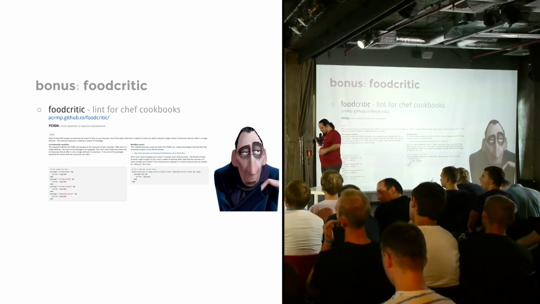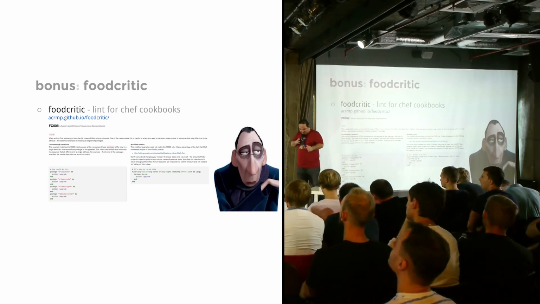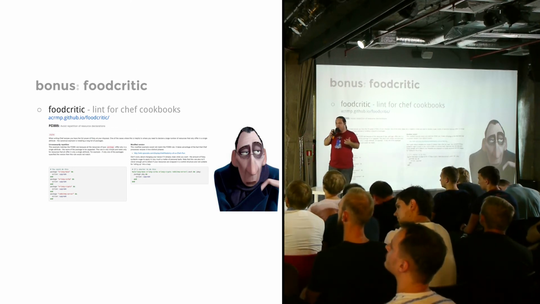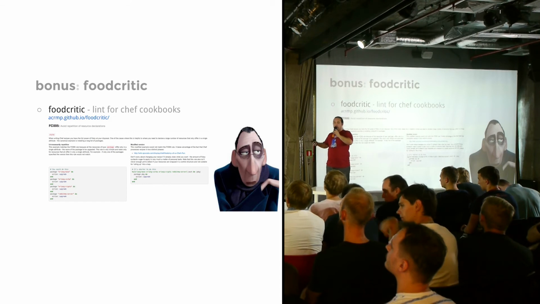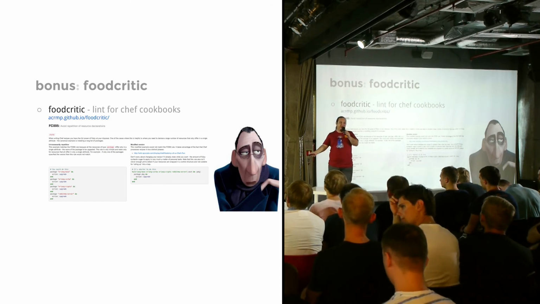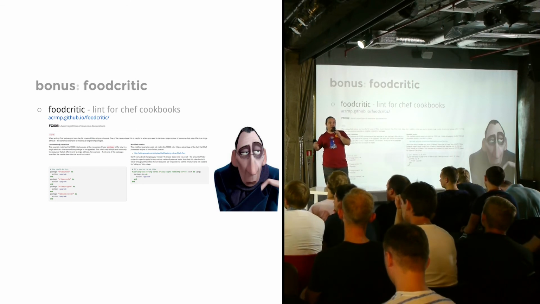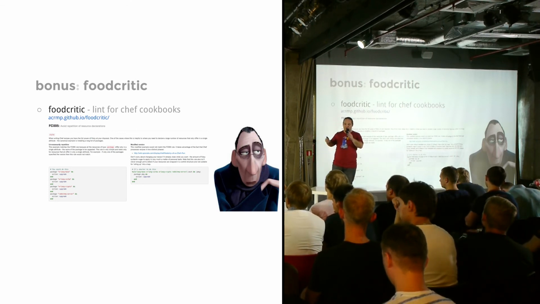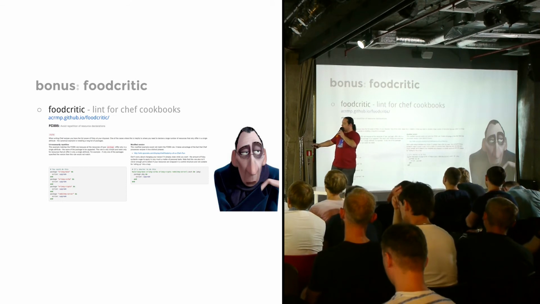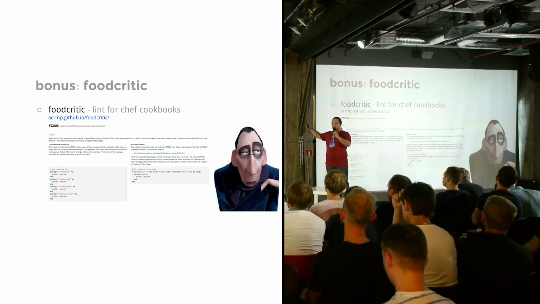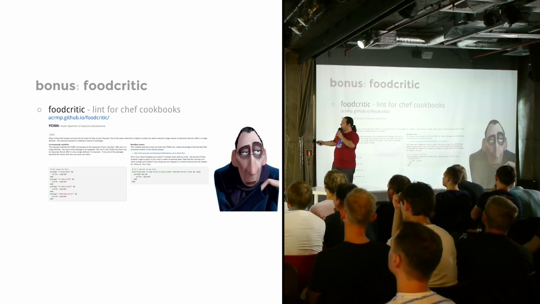And now, not unit testing, but good practices for writing code for your infrastructure. Like in regular programming languages, you have lint, which checks that you wrote your code correctly and you adhere to some coding practices. There is Foodcritic for Chef. There is Puppet Lint for Puppet. I think there's something for Ansible.